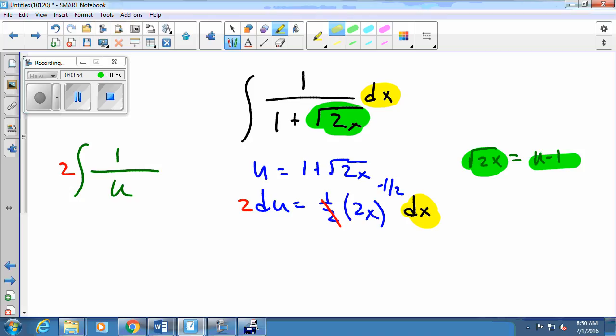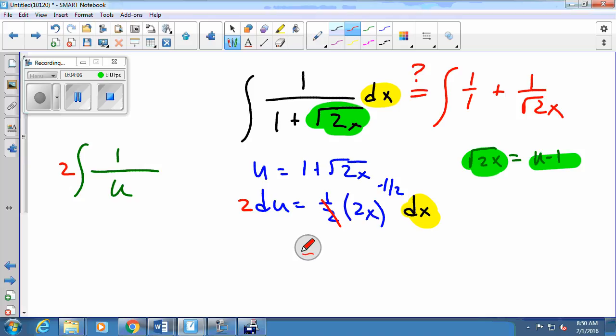So if you separate it up into 1 plus 1 over square root of 2x. So you want to make it a fraction of 1 over 1 plus 1 over the square root of 2x? Is that equal? You can't separate fractions that way, can you?